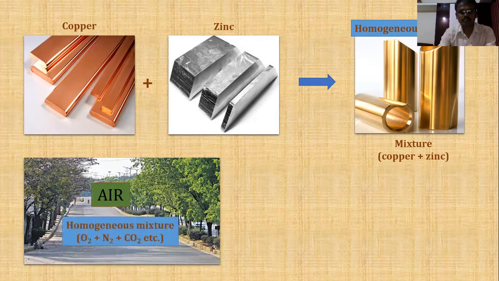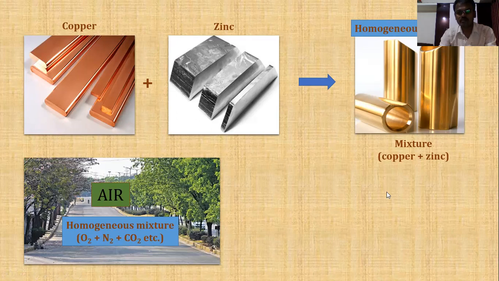Air consists of a mixture of gases, which is also a homogeneous mixture, because everywhere we will get the same amount of oxygen, whether we breathe oxygen in Bangalore or in Tumkur or any other place, the amount of oxygen present in air will be almost the same. That is because of uniform mixing up of gases. So air is also a mixture of different substances, which is also a homogeneous mixture.